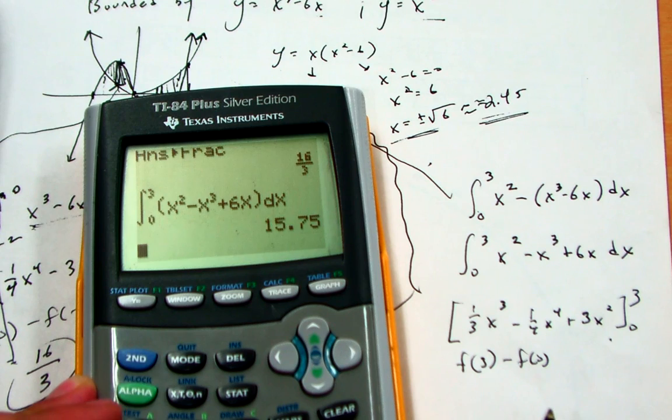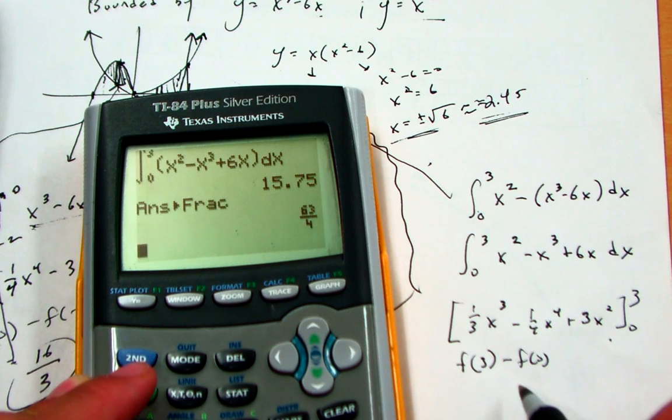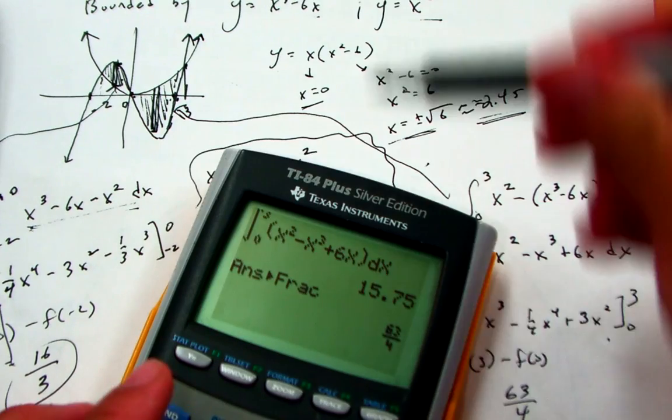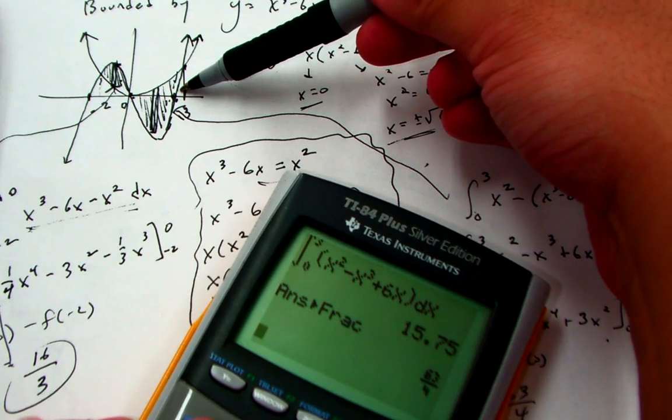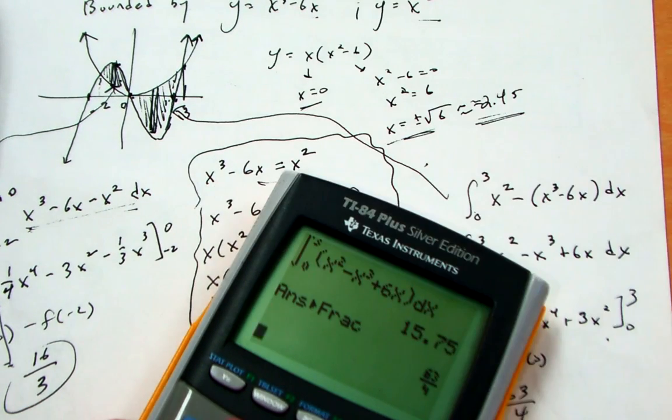The area of that region is 63/4. And you can kind of see it's a bigger amount, 15.75, in contrast to the 5 1/3 over there.